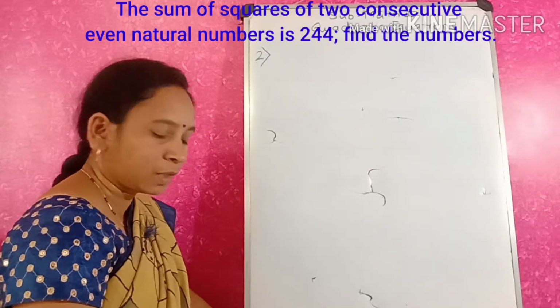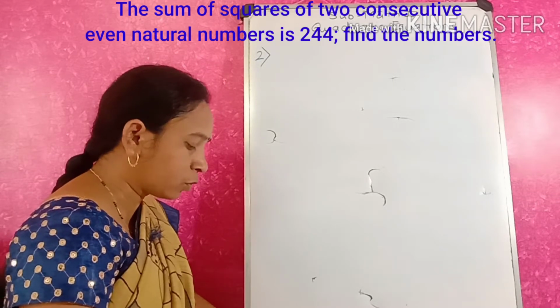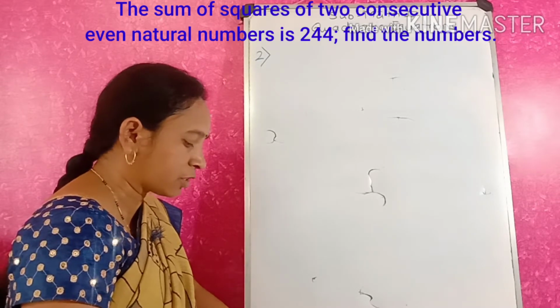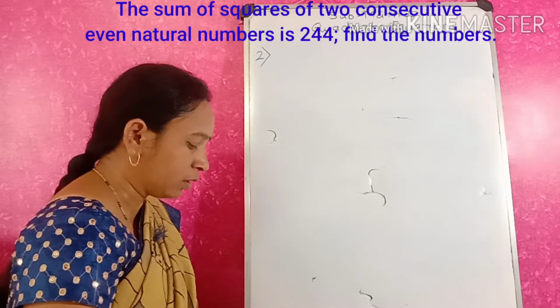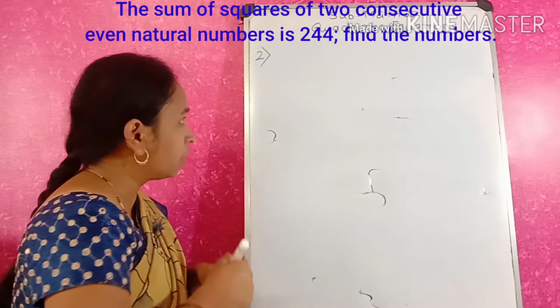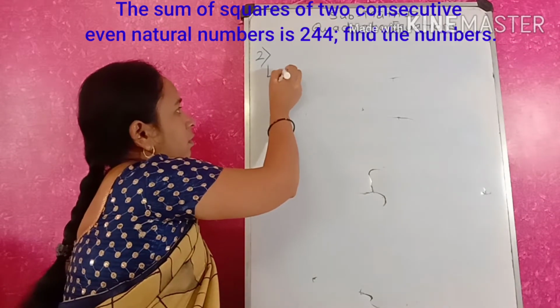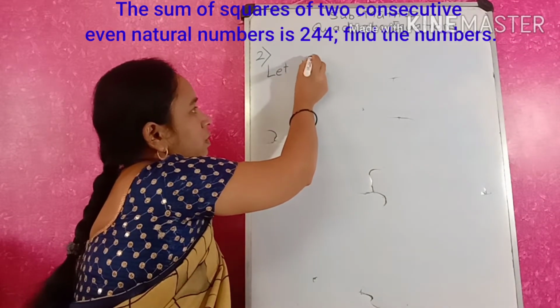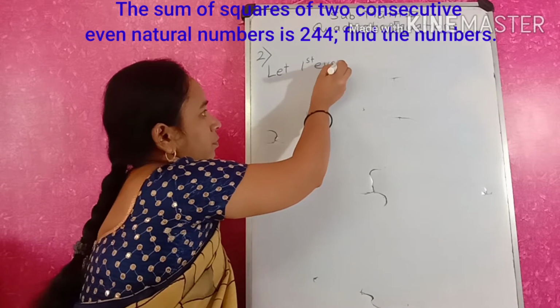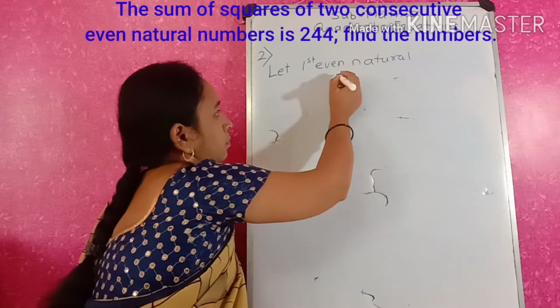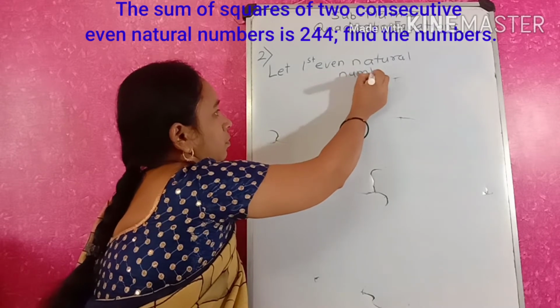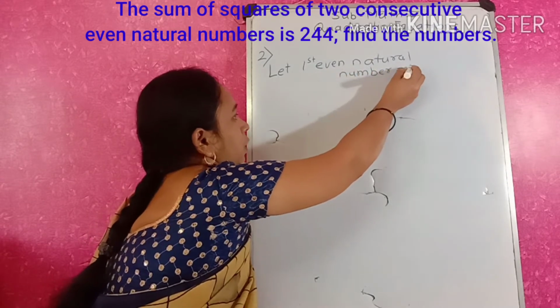Second example, the sum of squares of two consecutive even natural numbers is 244. Find the numbers. Now in this case, I'll consider the first even natural number is equal to x.